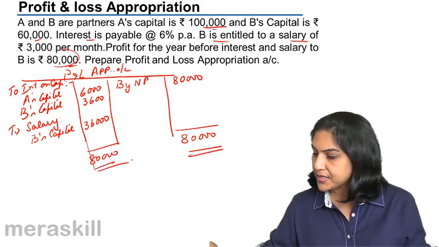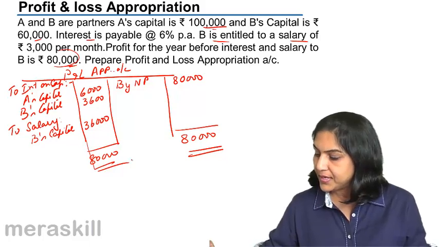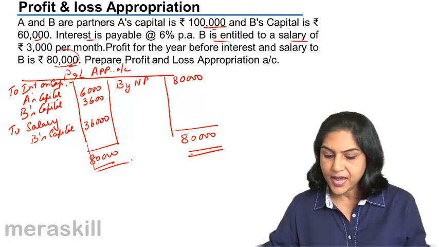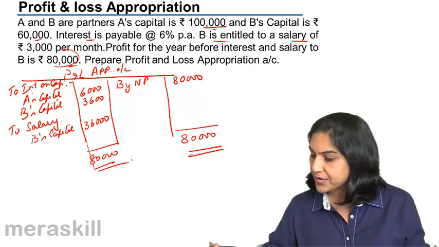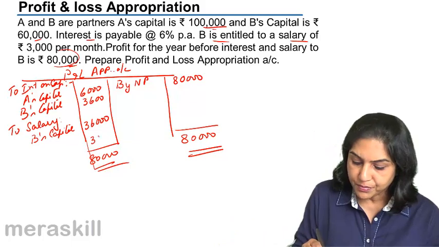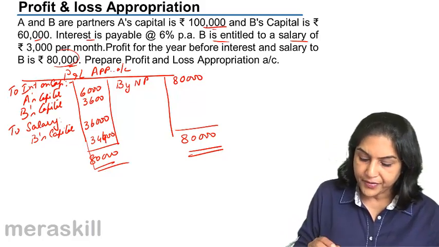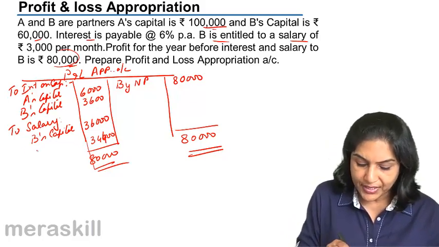This would be 80,000, less 36,000 and 9,600. I think we have 34,400 is the total profit balance. 34,400 if it's distributed equally.